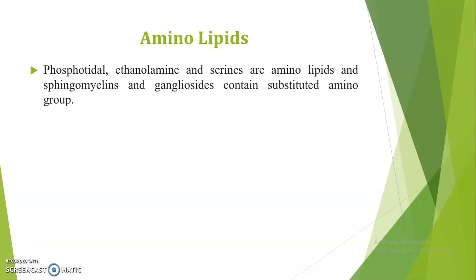Phosphatidyl ethanolamines and serines are aminolipids, and sphingomyelins and gangliosides contain a substituted amino group. Aminolipids are those lipids which consist of an amino functional group. As you can see, these various names are repeated here because all these compounds consist of the amino functional group.